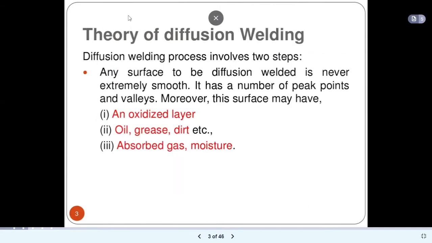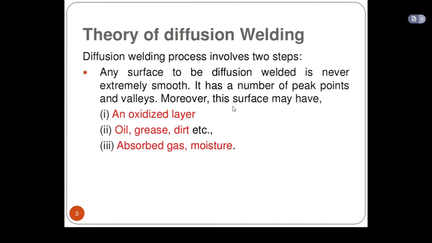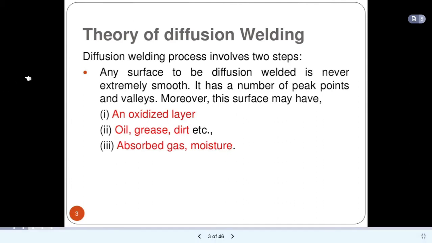Theory of diffusion welding. The diffusion welding process involves two steps. Any surface to be diffusion welded is never extremely smooth. It has a number of peaks and valleys. If we consider any plane surface, it is not exactly smooth; it has some peaks and valleys.